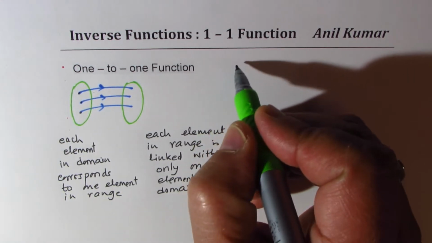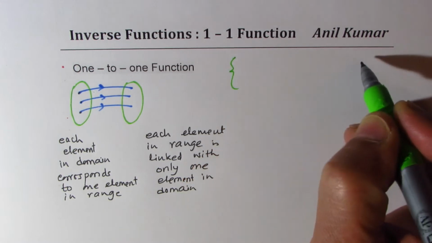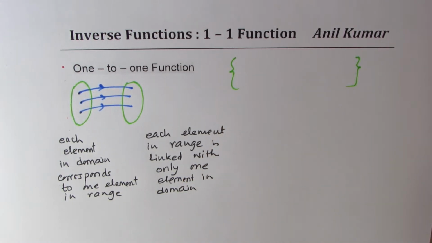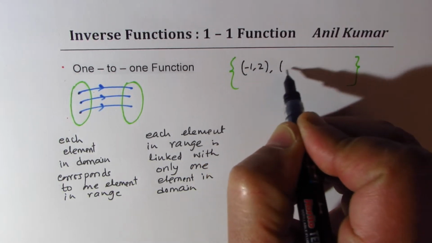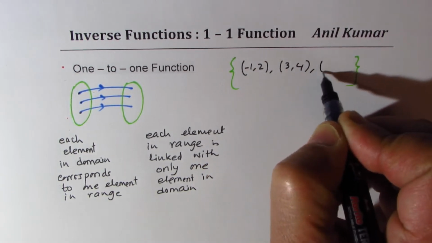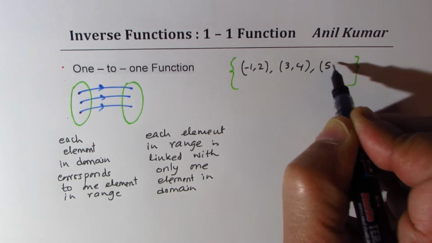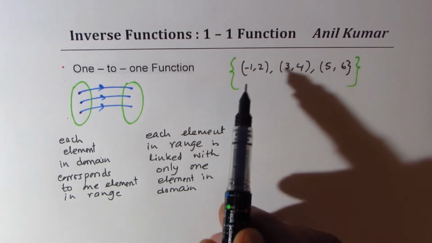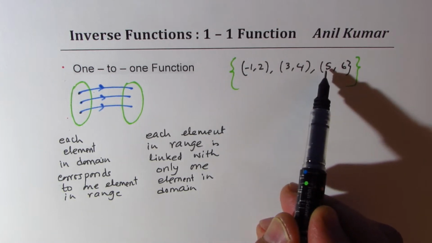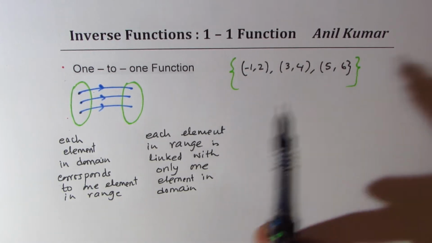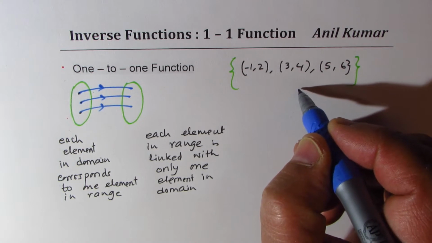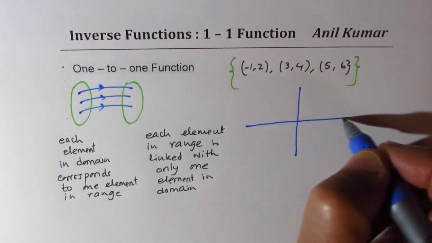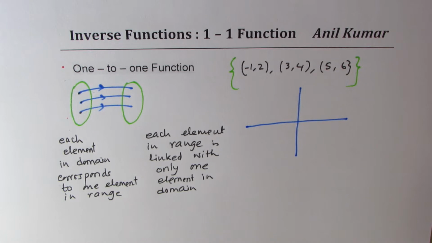We could have, if I write in the form of coordinate points, then the set like this, -1, 2, 3, 4, let's say 5, 6. Now you see all elements in domain are unique and all elements in range are unique. So these are one-to-one functions, correct? If I have to draw a graph, then we can draw a graph of few functions which are one-to-one functions.